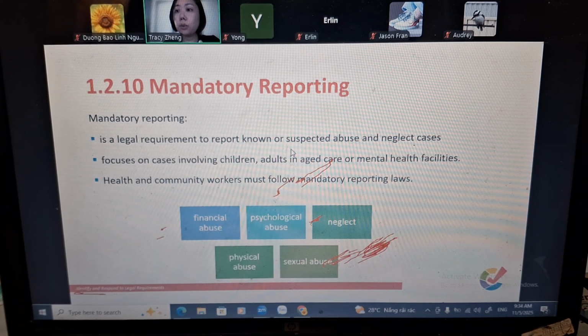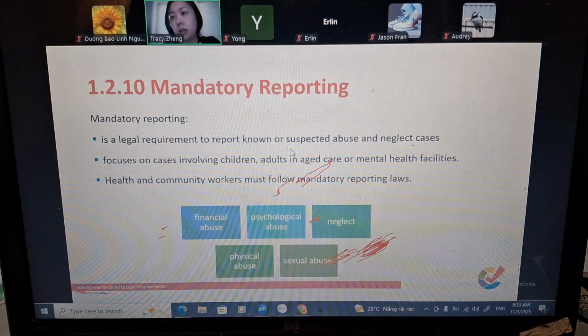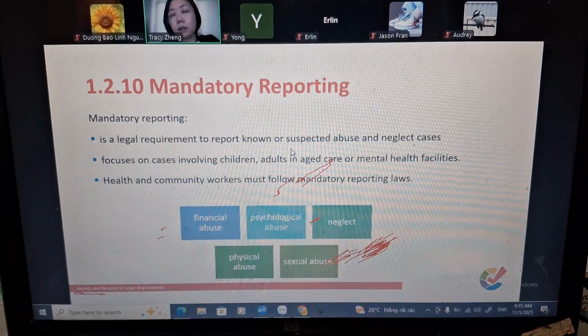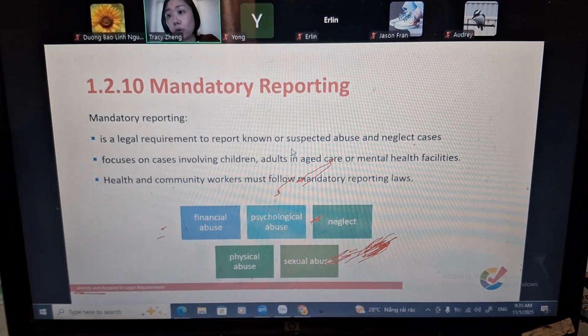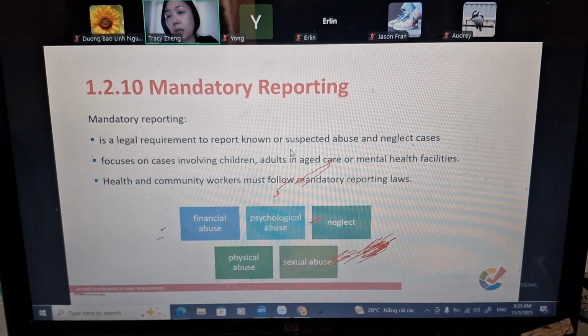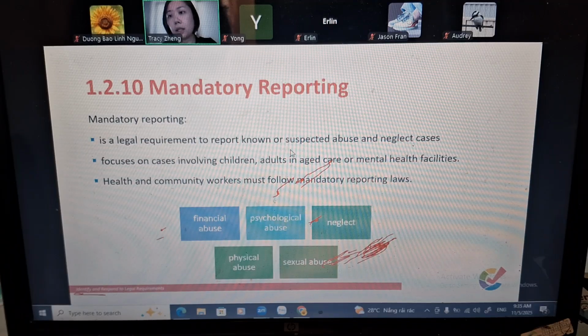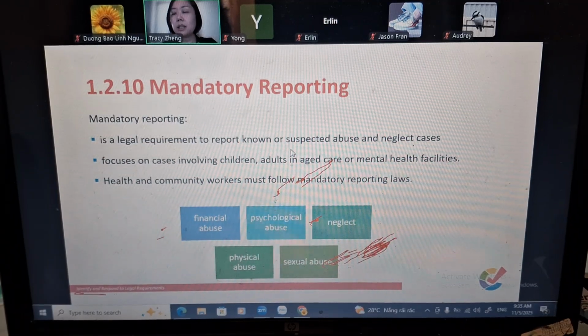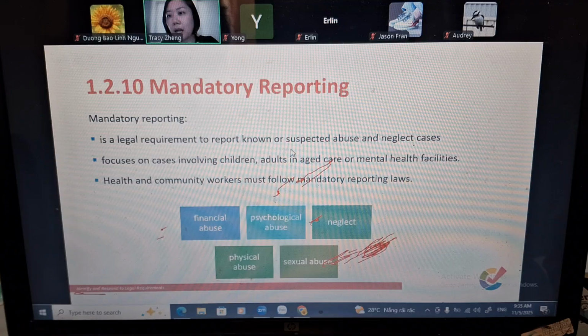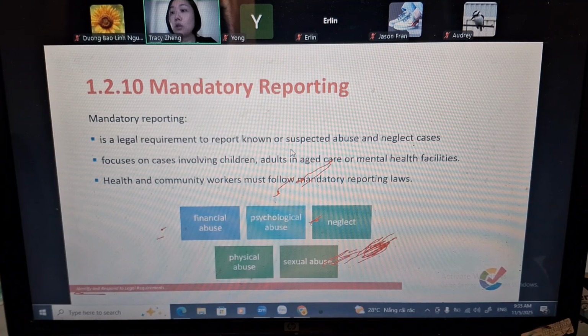And you must report to your supervisor, the aged care commission, and also to the police sometimes if you really can't find them. If your client is missing, first you need to report to your supervisor and the commission. And second, even if the client has gone missing and you find them, you still need to report to the commission.